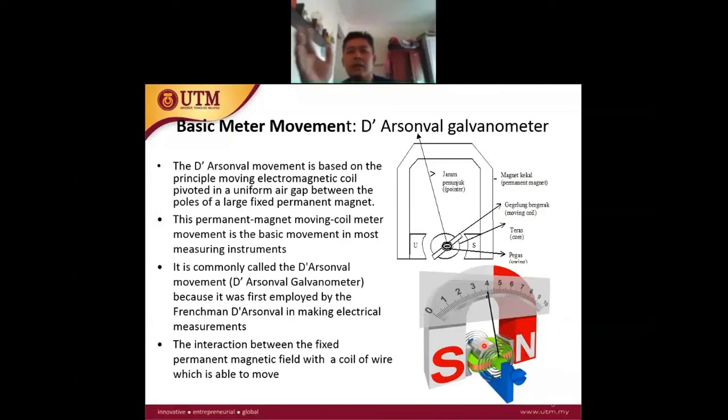The purpose of the spring is also to oppose the force producing the torque, so that we can know the amount of force that produces the deflection, or rotation. That amount of force is proportional to the current flowing into the conductor. We will look into that in detail later.